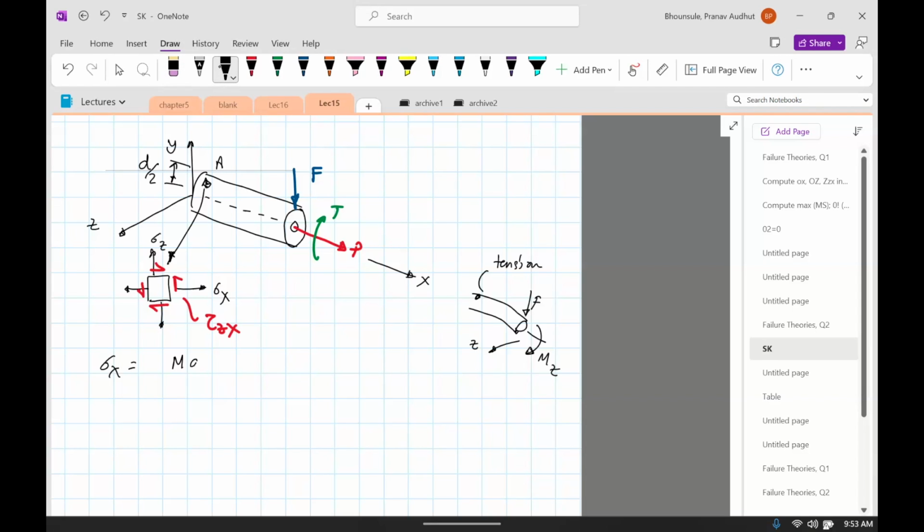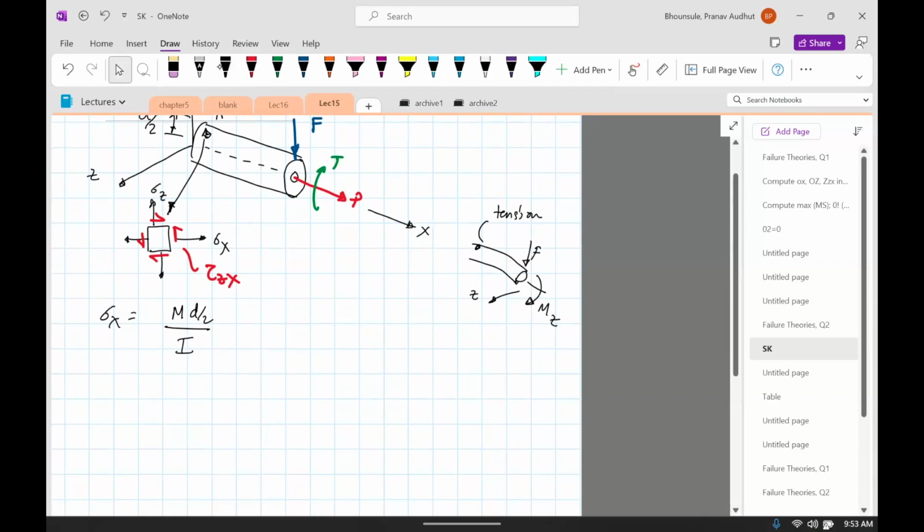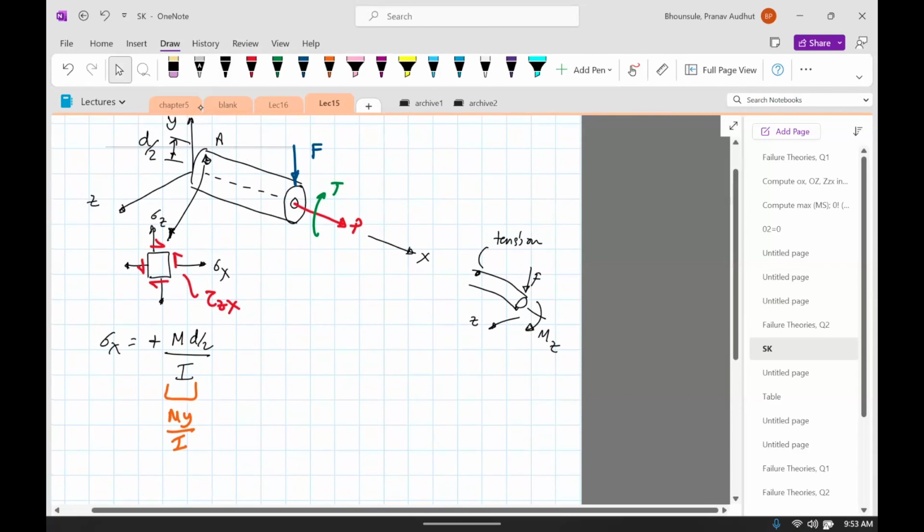So M times d divided by 2 divided by I. Yeah, so this is the formula, My divided by I. And then we should remember it's positive because A is the top one, which will have tension.